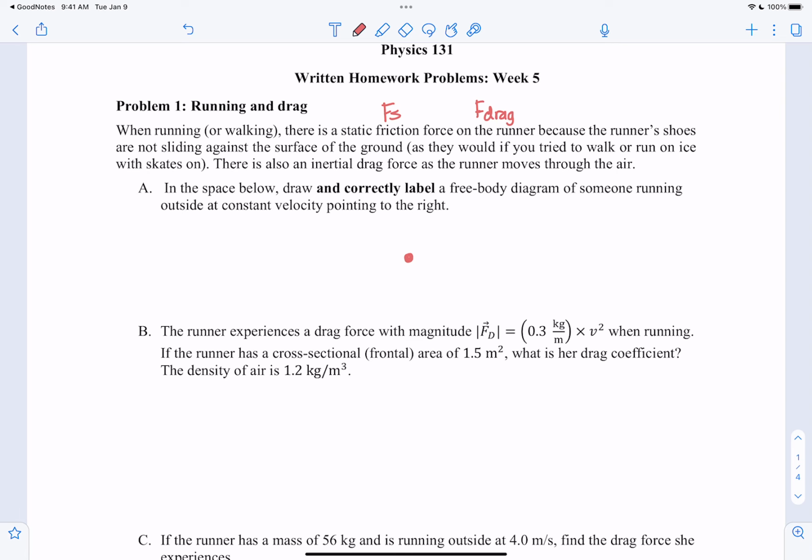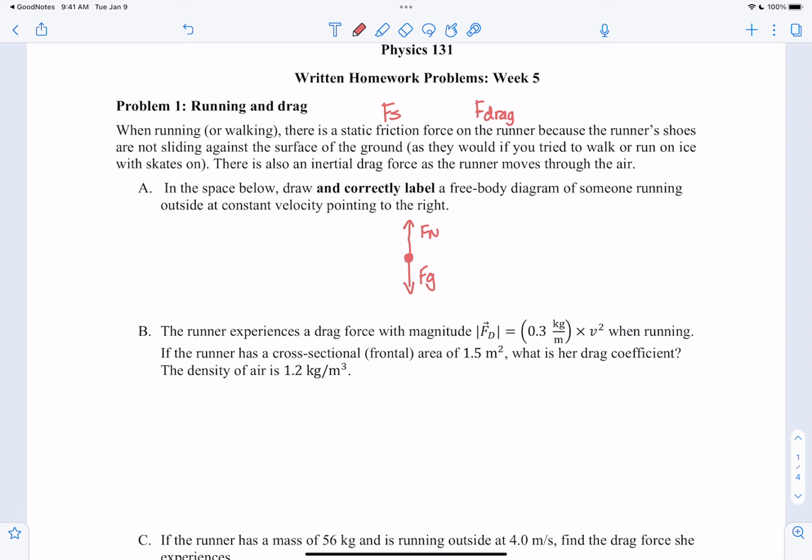Normal and gravity, right? So we have normal force pointing upwards like this, gravity pointing downwards like that, right? And then what are the directions for static friction force and drag? This one is a little bit weird here because in reality, let's say you're moving to the right, like this problem says, constant velocity pointing to the right.